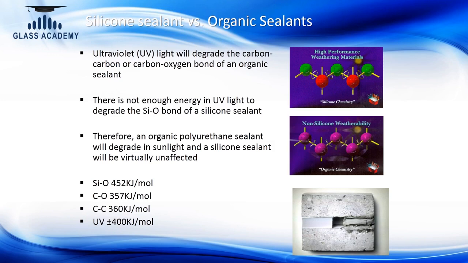So what is happening essentially is, when the sun falls on a particular material, there is a UV component, and UV has an energy of 400 kilojoules per mole. So this energy can degrade whatever is lower than that. That's the simplest way to understand. If you talk about organic chemistries, their bond energies are lower than the UV light energy.